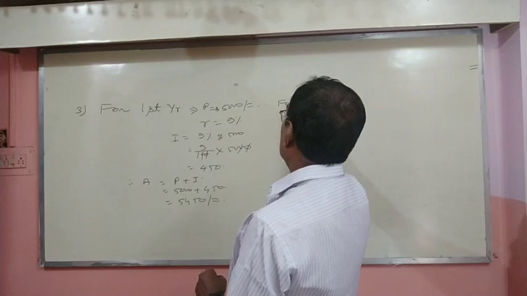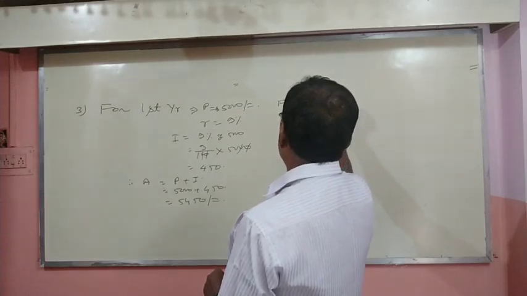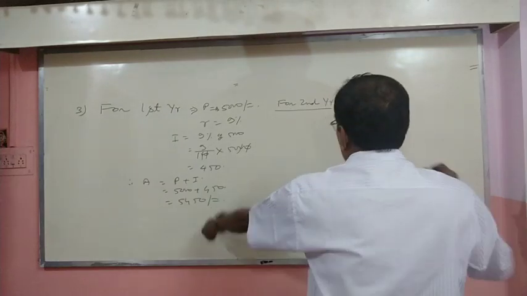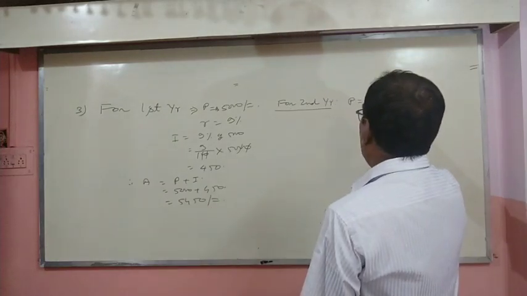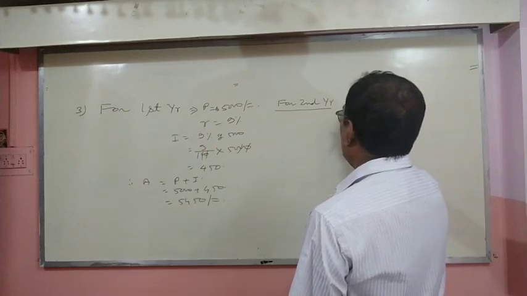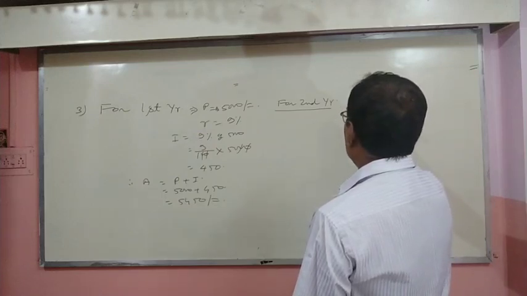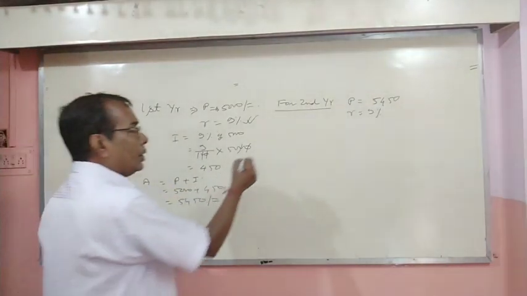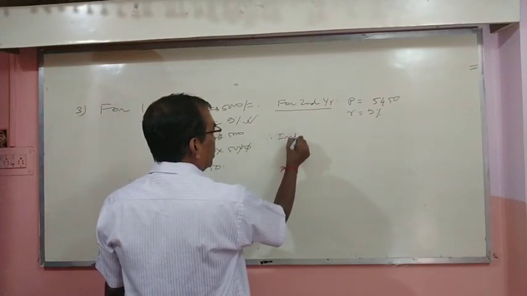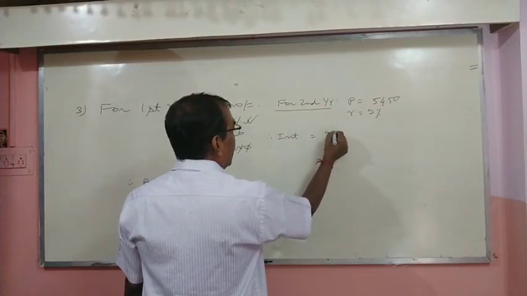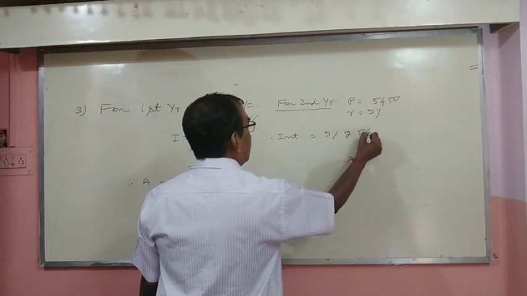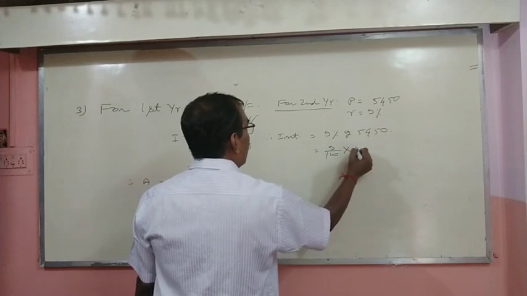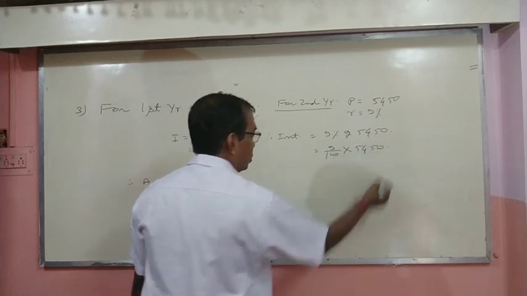For the second year, the principal is the first year's amount, that is 5450, and the rate of interest R will be the same, 9%. Now find the interest. Interest will be 9% of 5450, which is 9 by 100 of 5450.